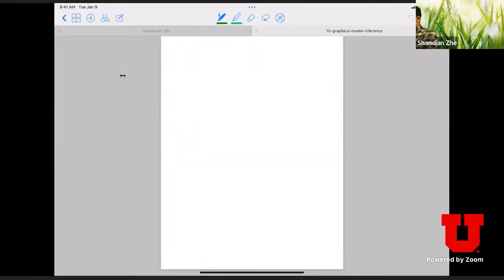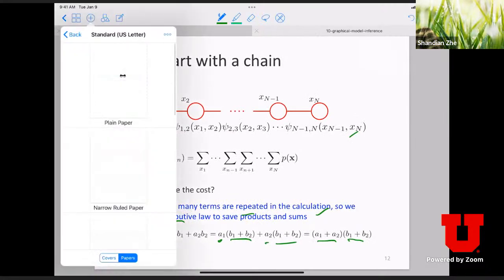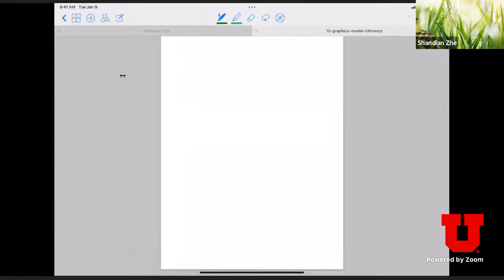Suppose I only have 4 nodes: X1, X2, X3, and X4.